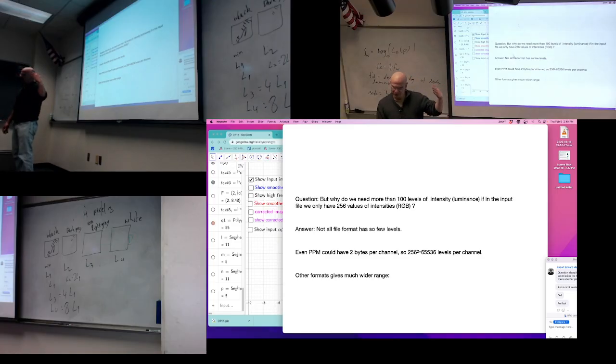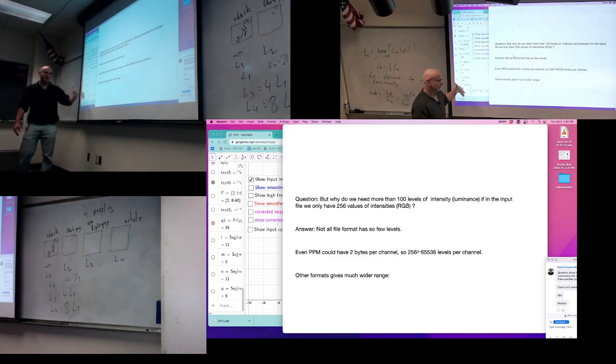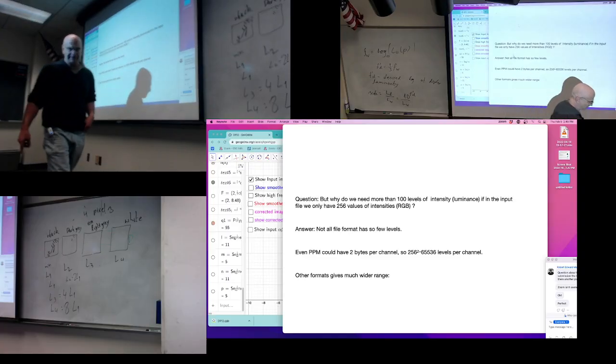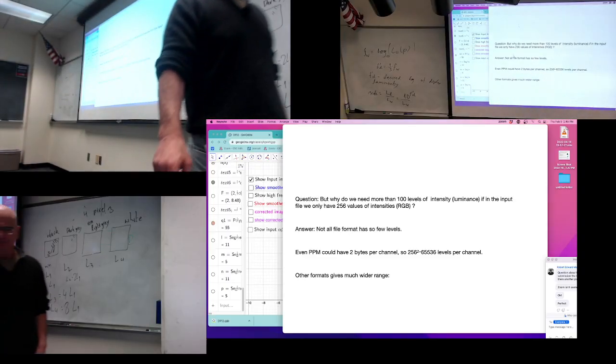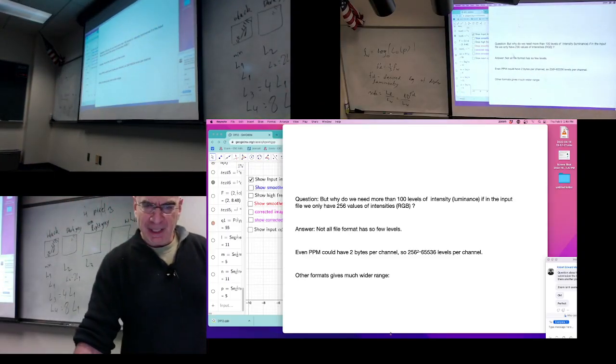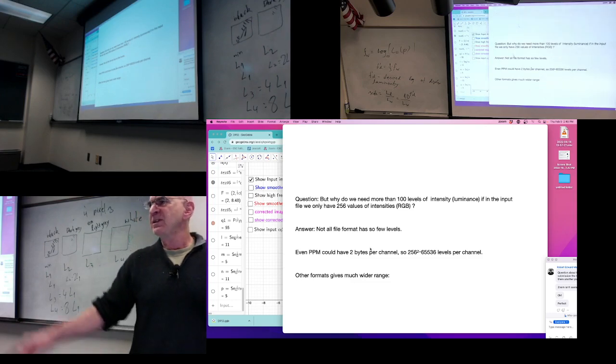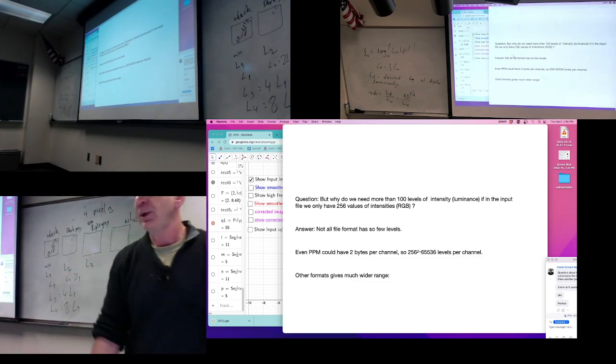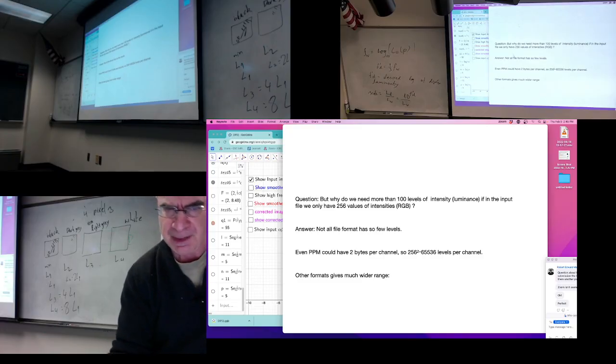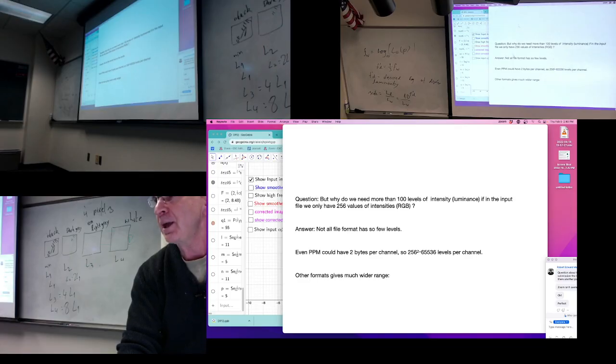So it's a value between 0 and 2 to the 16 minus 1. Okay, so even ppm can represent much more. And by the way, we'll give you the file parsing, so you can assume that you already read the file. But even ppm is happy to agree with high definition files, because cameras are, of course, much better.